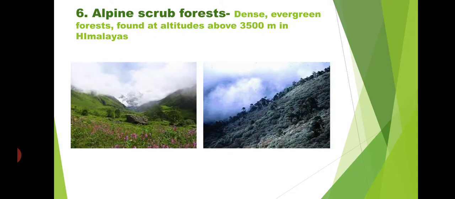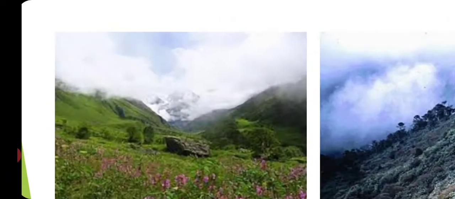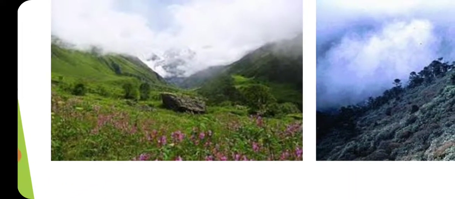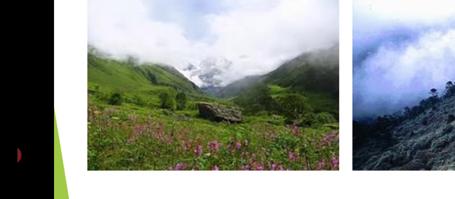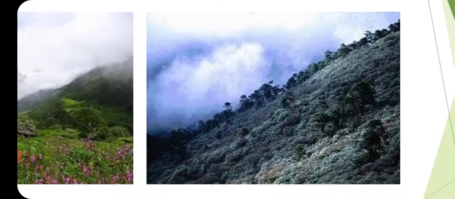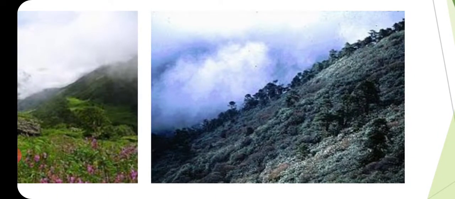Then the sixth one, the topmost part, at altitudes above 3500 meters; the only such area in our country is the Himalayas. There we can see open grasslands. This is the first one with flowers, a favorable climatic condition. Here it is dry, just before the snowfall.